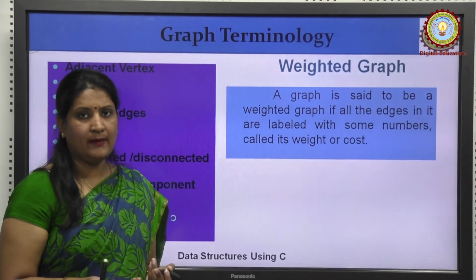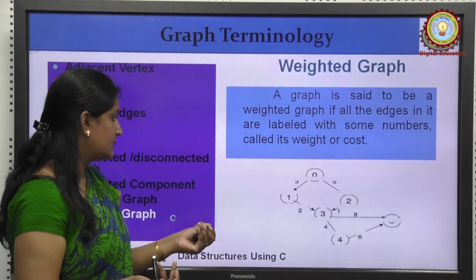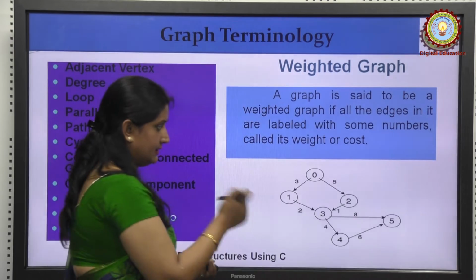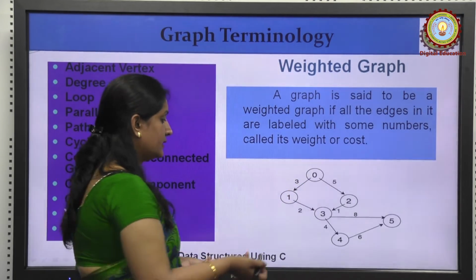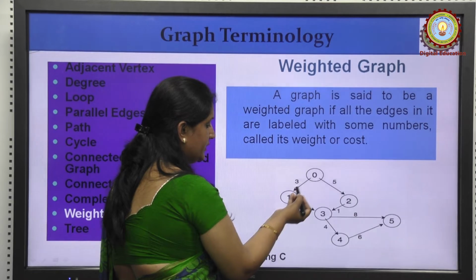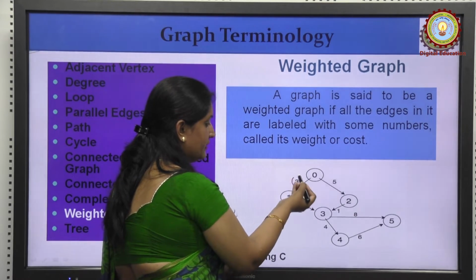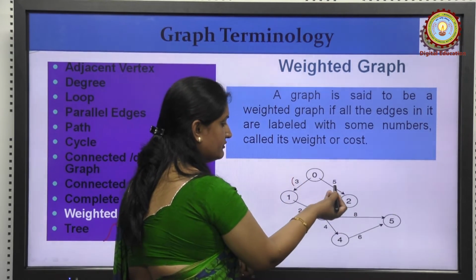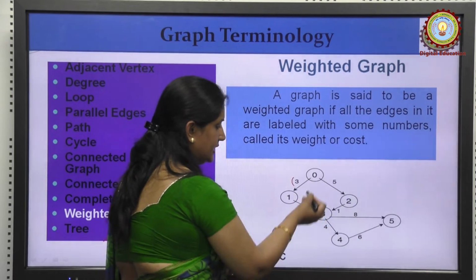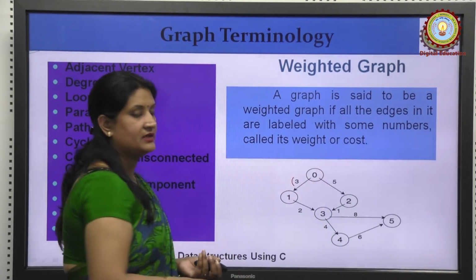It depends on the application, like this. A weighted graph can be directed or undirected. In this, 0 is adjacent to 1 with weight 3, 0 is adjacent to 2 with weight 5. In this, all the edges are labeled with some values.